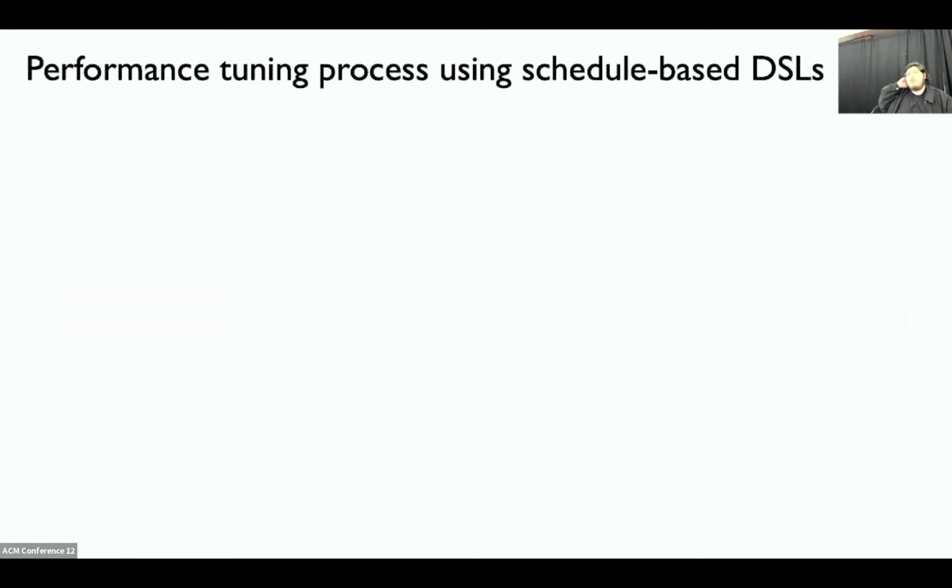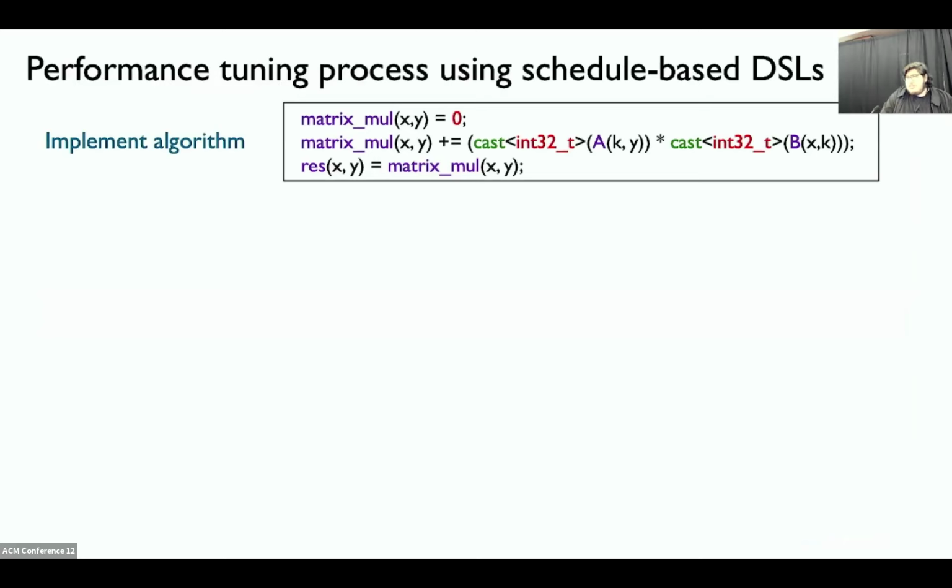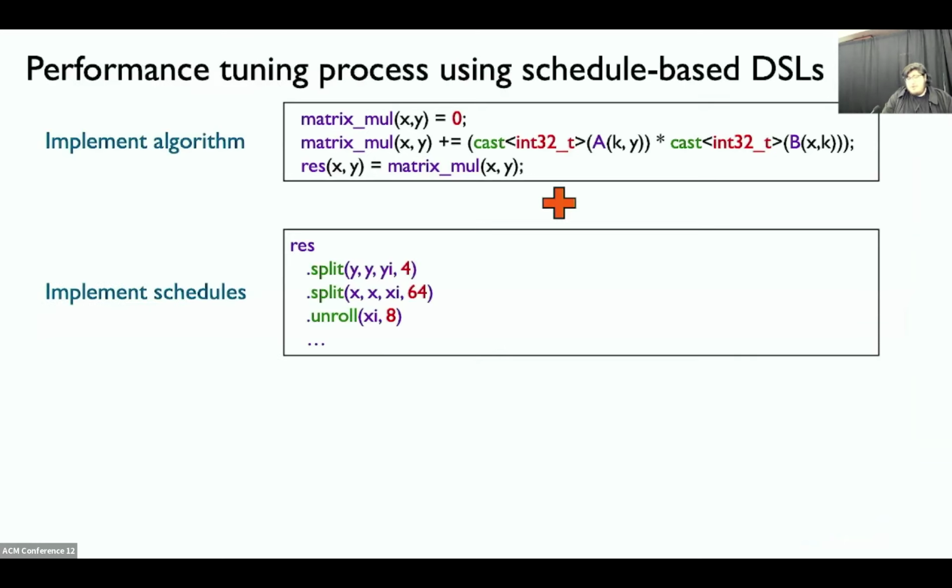Now I'm going to walk you through the performance tuning process using schedule-based DSLs and how Hydride fits in the picture. With DSLs like Halide, you first implement an algorithm. This is a simple example of an algorithm for matmul. Then you implement schedules, which are basically loop transformations and a bunch of optimizations that you can perform.